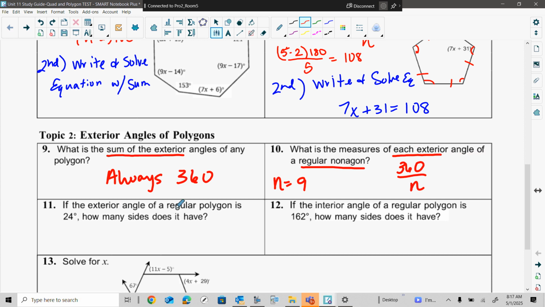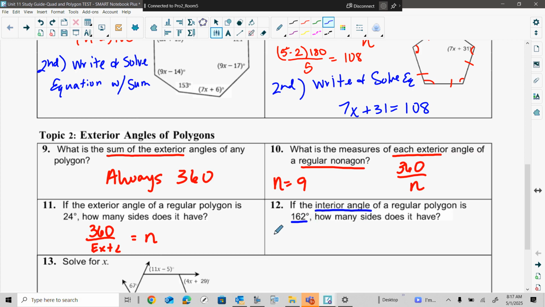Here, if the exterior angle is 24, how many sides? Well, if I just do 360 divided by the exterior angle, that will equal n, the number of sides. And then on 12, they tell you the interior angle is 120.